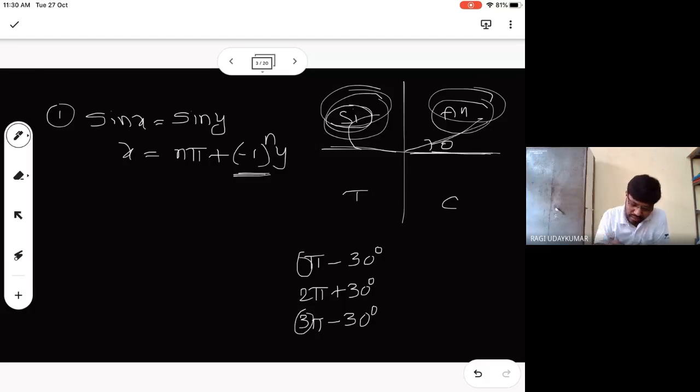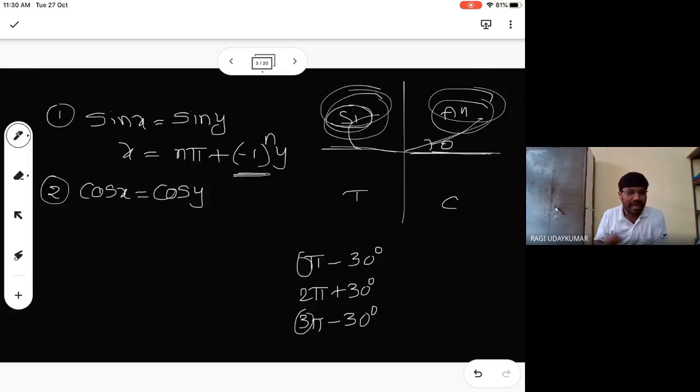Even the same thing for cos also. Now you yourself can derive it, cos x equal to cos y. Cos will be positive in what places? First quadrant and fourth quadrant, these two. So for the first quadrant, 2 pi plus theta; for the fourth quadrant, 2 pi minus theta, isn't it?